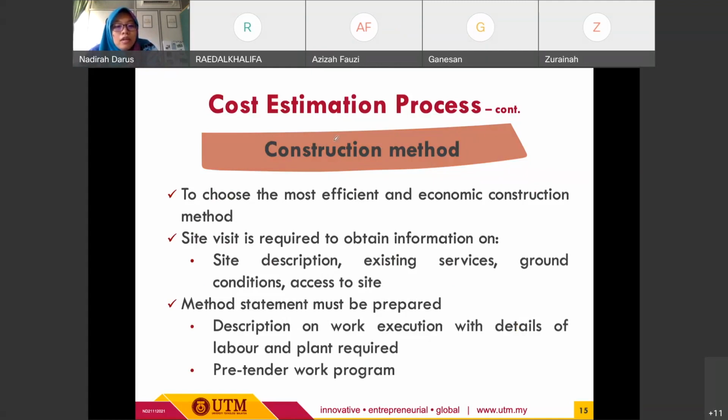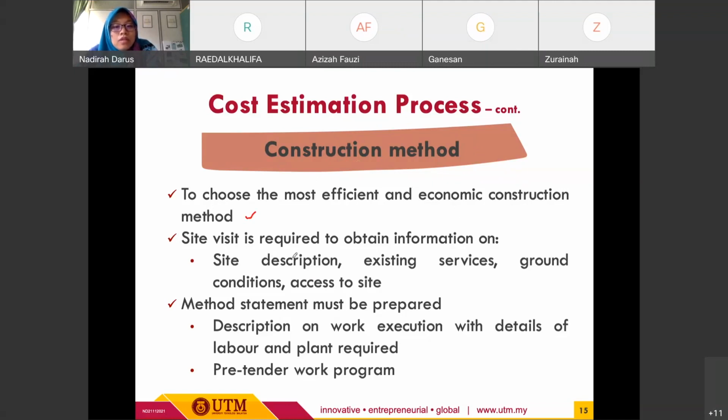All right. The main purpose for this construction method or method of work is actually to choose the most efficient and economic construction method. That's why we need to plan properly related to this construction method, and all of the alternatives need to be included in the tender document.